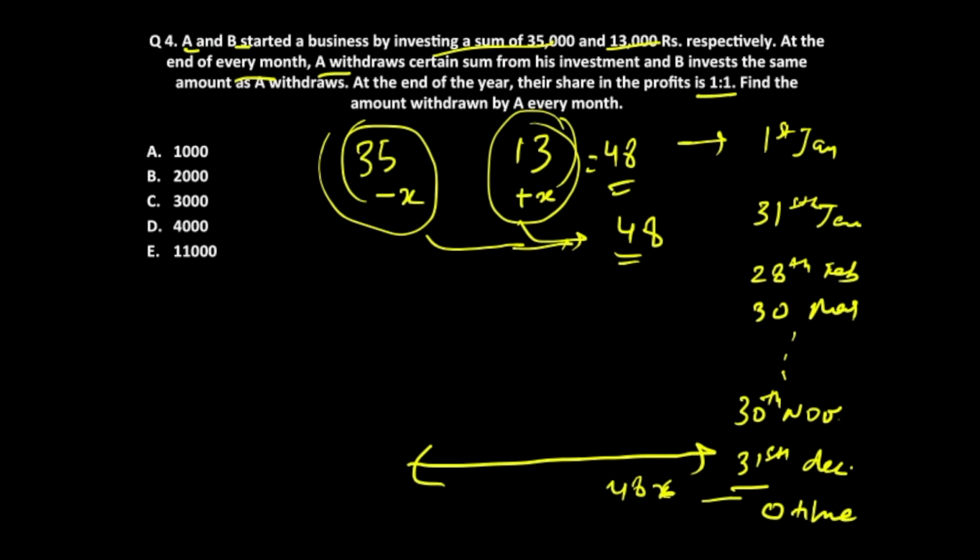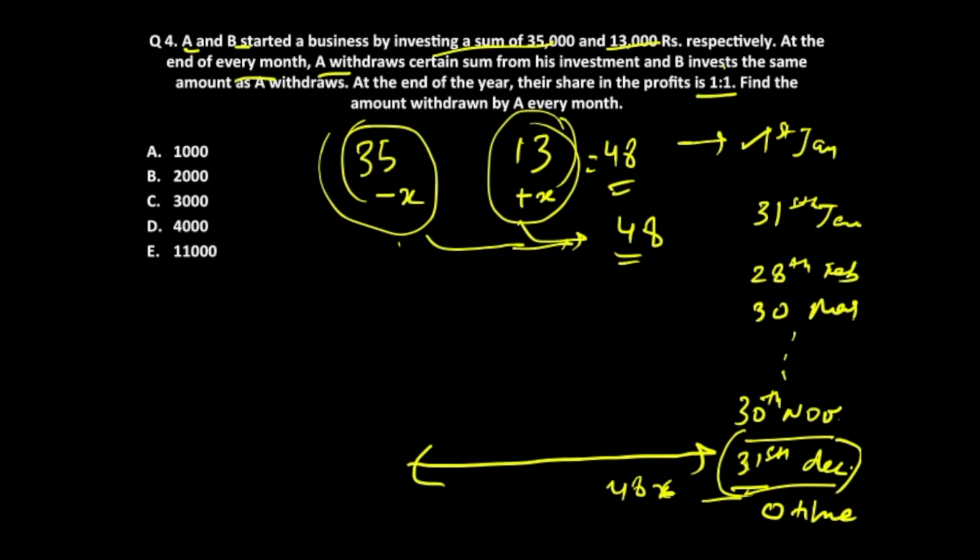So the trick of the question actually is that the number of transactions they are making to their original sum would be done for 11 times, right? Because at the end of first month, that is January, then February, and so on till November, you have 11 months. The 12th transaction, that is on 31st of December, would become immaterial. So the entire process of subtracting the amount would be for 11 times.